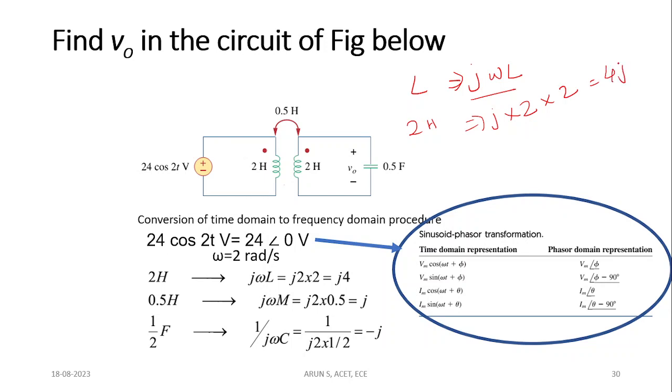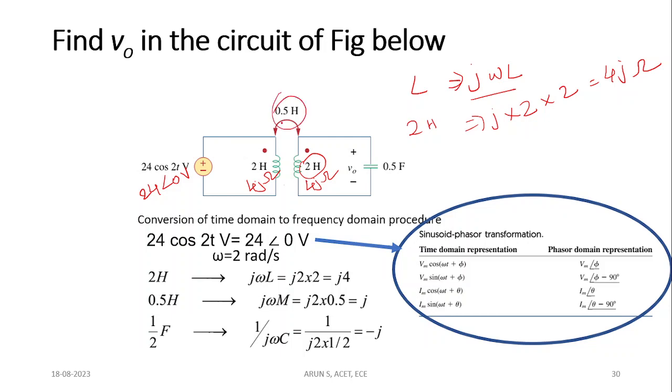So we get 4j, and the unit is ohm. In the frequency domain the unit of impedance is ohm, whereas in the time domain we have Henry for inductance and farad for capacitance. So the source is 24 angle 0 volt, and this is 4j ohms. The other inductor is also 2 Henry, so the same formula applies and it can also be written as 4j ohm.